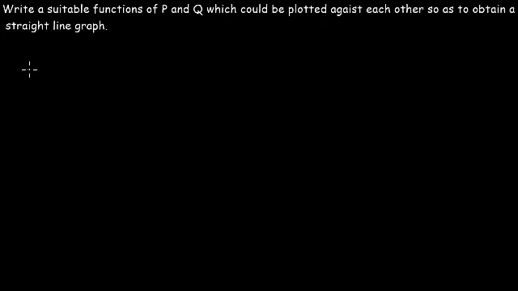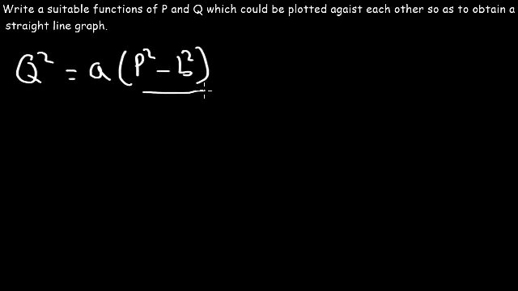So let's consider more complex problems. Consider this problem: q squared equals a multiplied by p squared minus b squared, all divided by p. How can we figure this out? Well, the first thing I will recommend, since we are not to substitute or change the axis and so on, let's first take p out as a common factor over here.